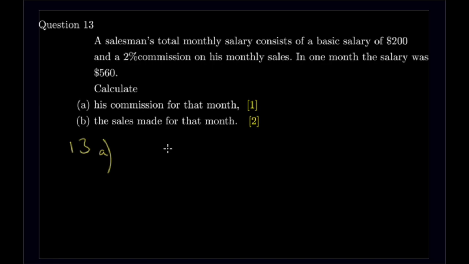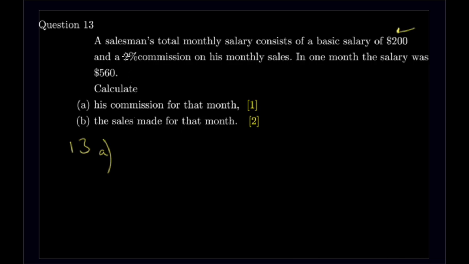They will tell you, I'll give you $50 for this month, but for every computer that you sell, I'll give you an additional $100. So $100 would be your commission. This one is called basic salary. Basic salary is, even if the salesman doesn't sell anything, he is entitled to $200. And then his money increases as he makes more commission.